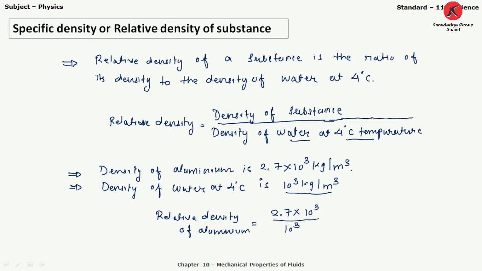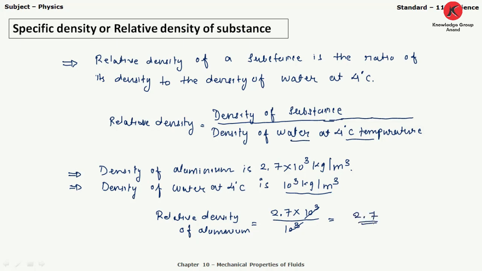So 10 raised to 3 cancels out. So ultimately the relative density, or you can say the specific density, of aluminium is 2.7.